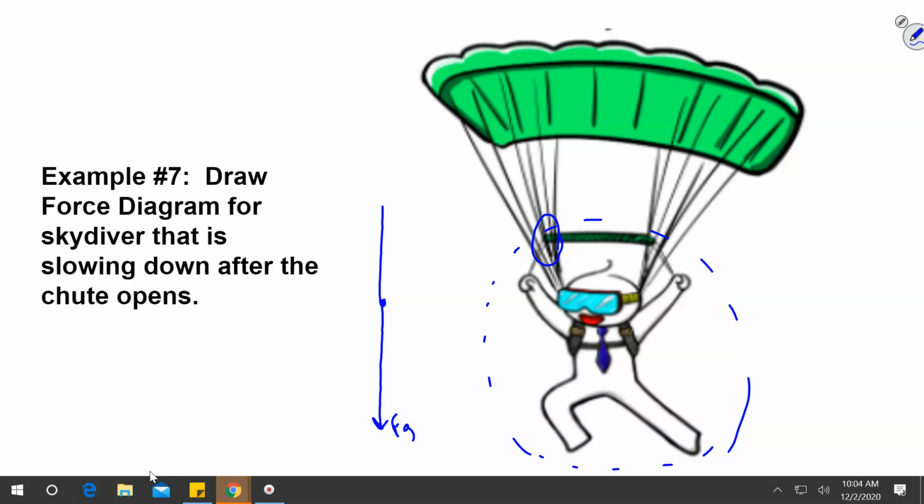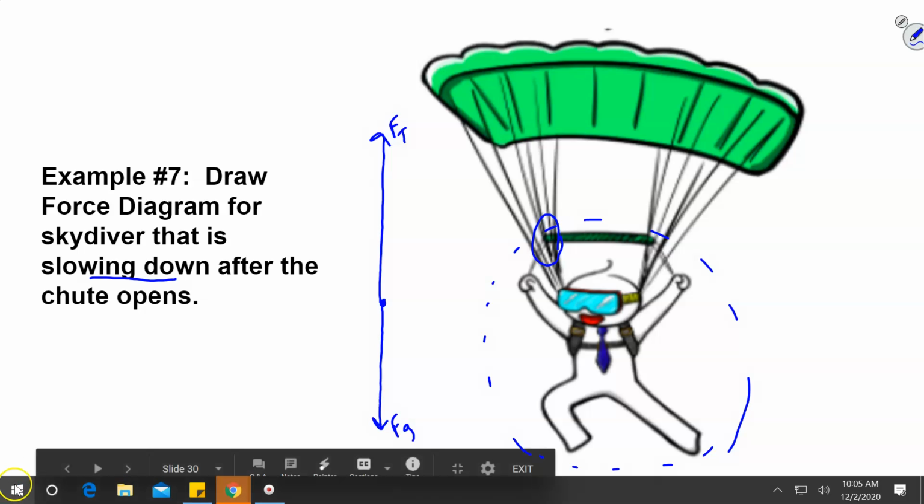We're going to say force tension. There's a lot of tension there being pulled. Since he is slowing down, these would not be congruent. Now, the force air resistance is mainly acting on the parachute, and we're not looking at the parachute. We are looking at just the skydiver. So that force tension would be greater than force gravity, and it's causing him to slow down. So there is no congruency.